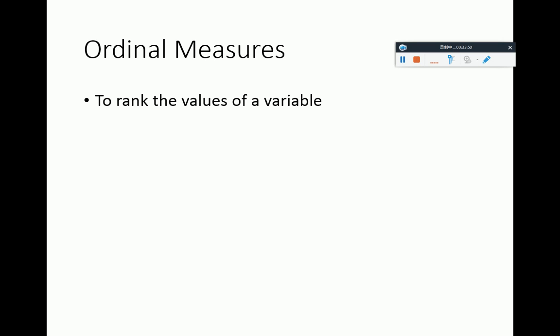It simply means we measure a concept by ranking the possible values that it can take. In other words, we will apply a ranking system to a particular concept. So when we talk about rank or ranking, what examples do you have in mind?